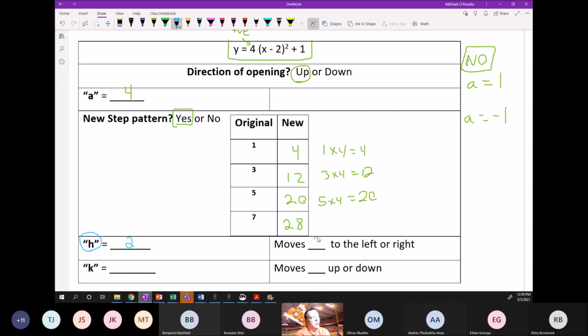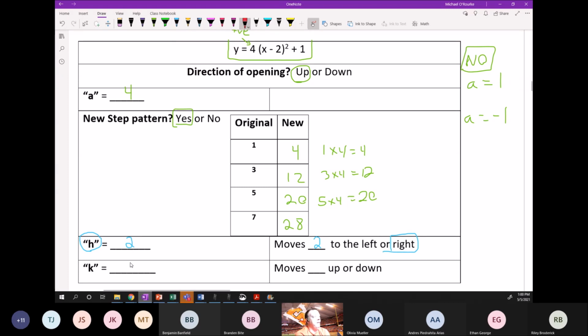Which way are we going to move? If it's a negative in there, are we going to move to the right or to the left? To the right. Good. Remember, land of opposites.